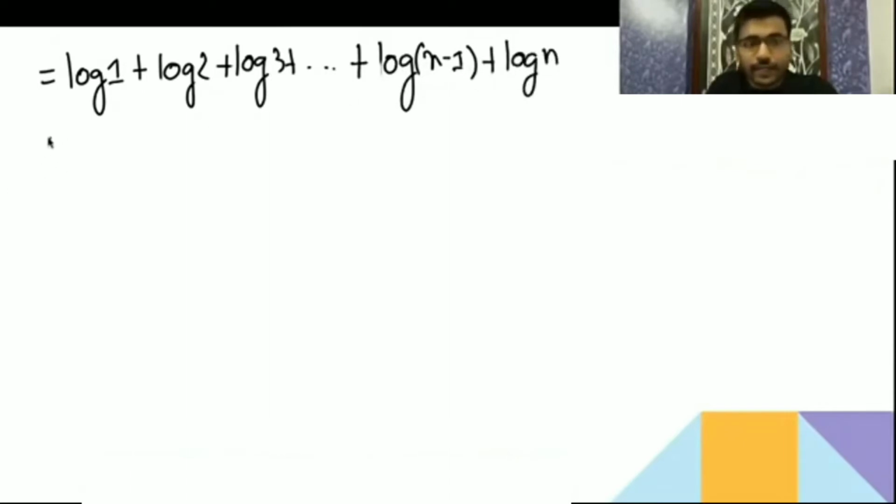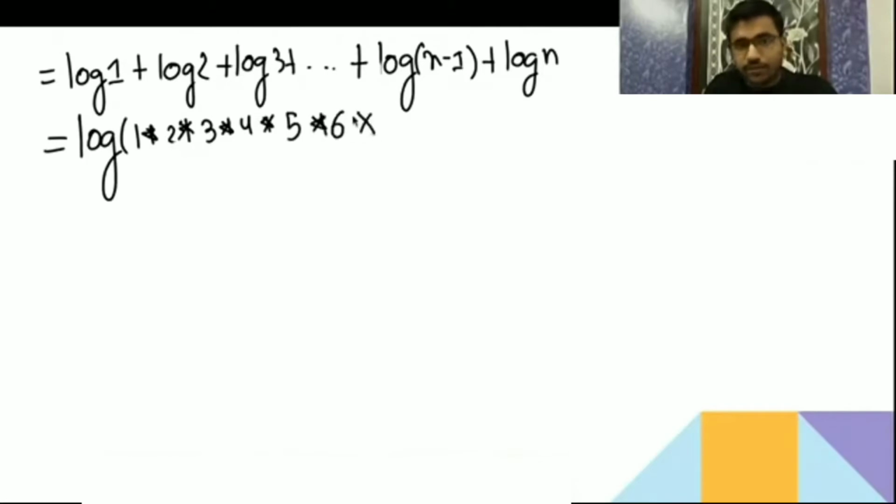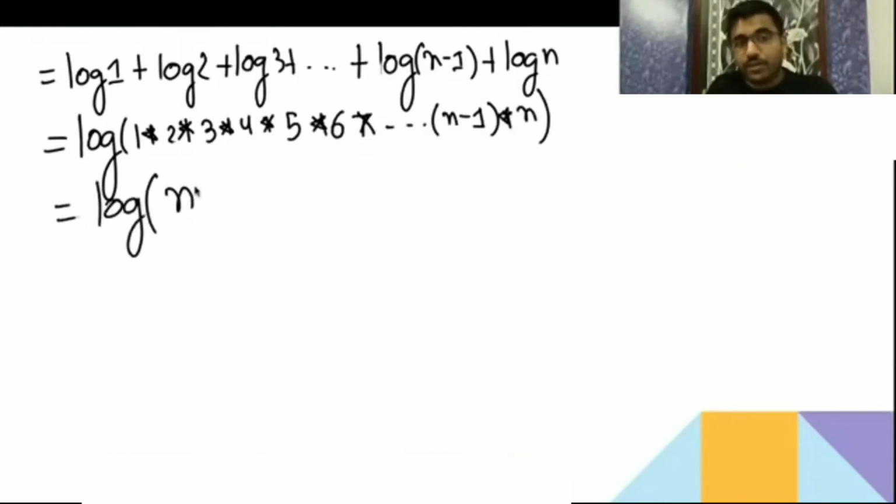So you can write it as log of 1 into 2 into 3 into 4 into 5 into 6, and it keeps on going till n minus 1 into n. So it is log of n factorial. N factorial is n into n minus 1 down to 1.